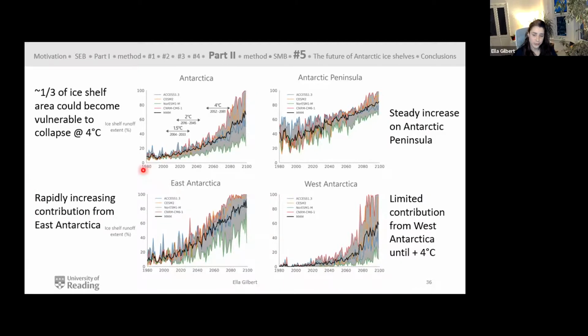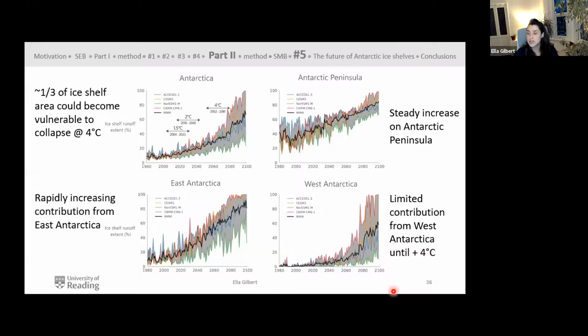That's quite different to the East Antarctic, where we see a rapidly increasing contribution over time. The gradient is pretty steep there. And then it's very different again to what's happening in the West Antarctic. In the West Antarctic, there's a fairly limited area undergoing runoff, and therefore a limited contribution to destabilization until about 4 degrees, and that happens around 2070.